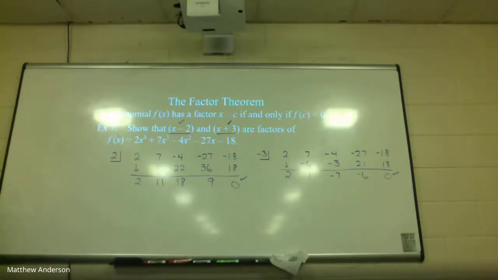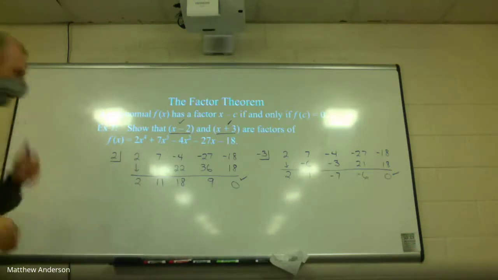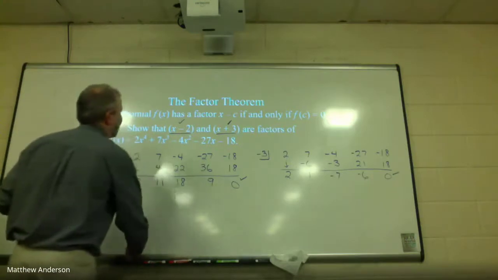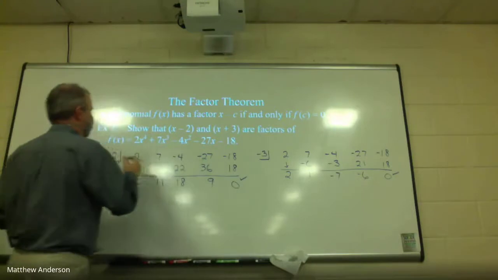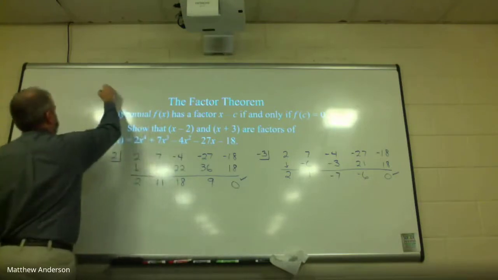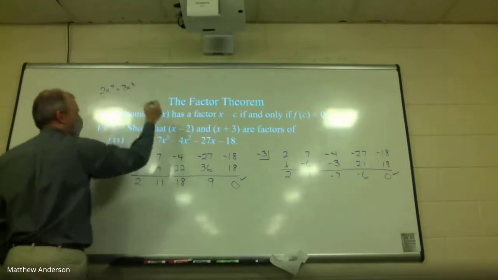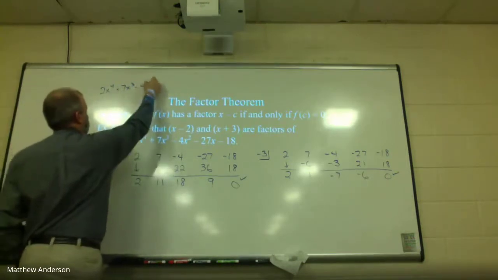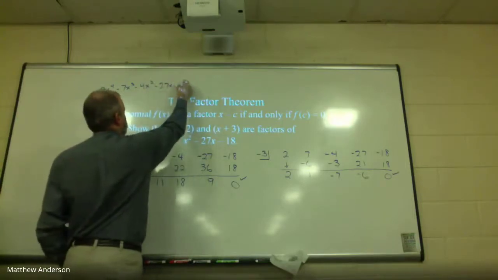Now I want to show you something that's going to be a key for us as we continue on. Remember, we did this on the first example, even though it wasn't on the video. When we did that division on the first example, we said something like this: 2x to the 4th plus 7x cubed minus 4x squared minus 27x minus 18.